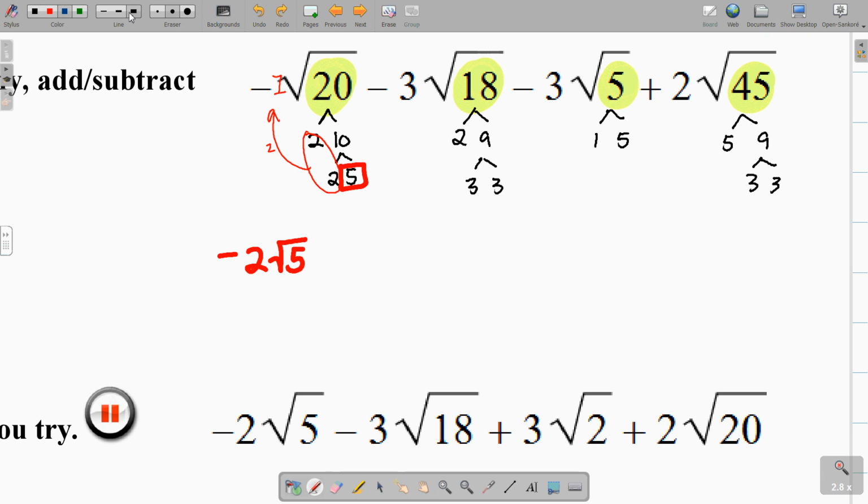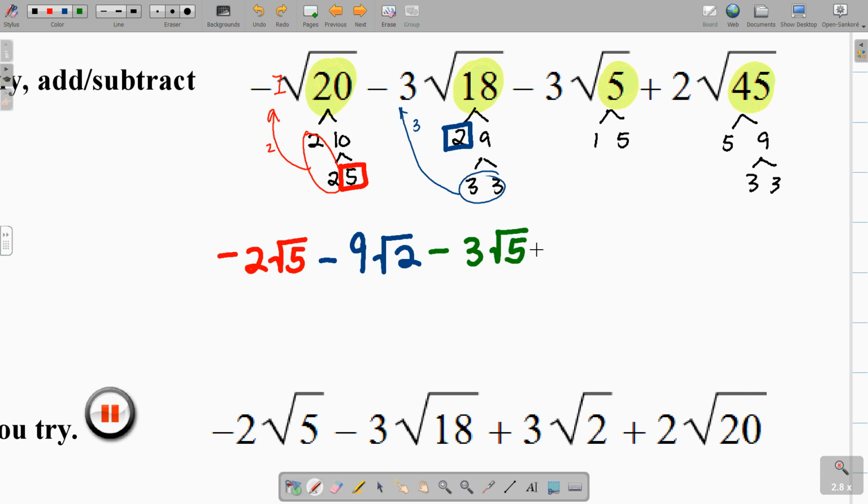Now, circle the radicals that are exactly the same. I have a square root of 5, square root of 5, and a square root of 5. We collect them just like you would variables. So negative 2 minus 3 is negative 5.